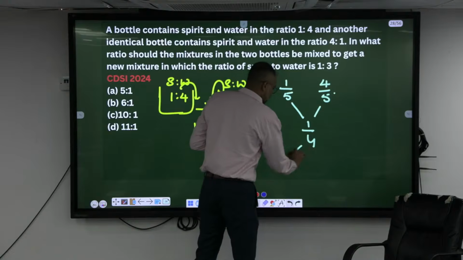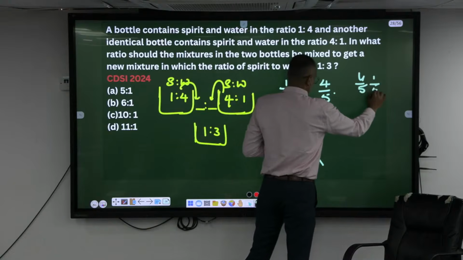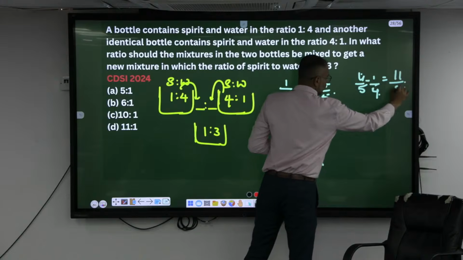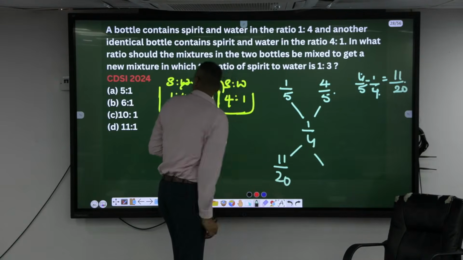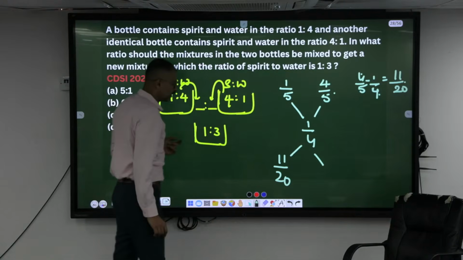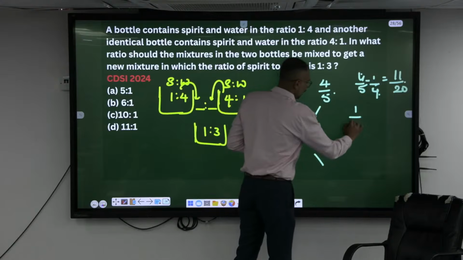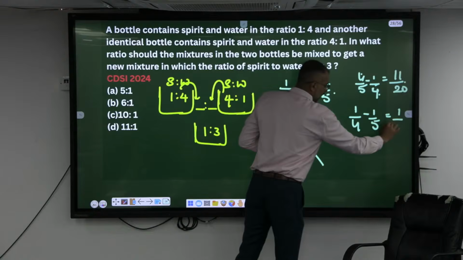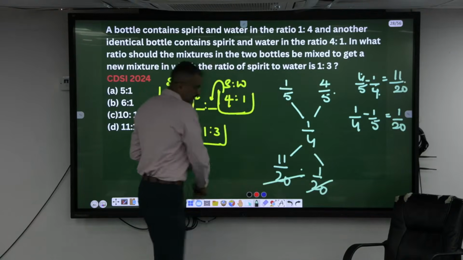If I take the difference here, 4/5 minus 1/4, 16 minus 5, 11/20. Okay, this is 11/20. Here is the answer, 11:1. Similarly, if I take the difference of these two, 1/4 minus 1/5, 5 minus 4, that's 1/20. So what is the ratio of mixing? 11:1.